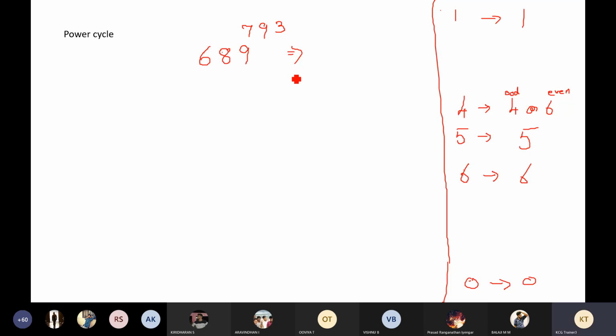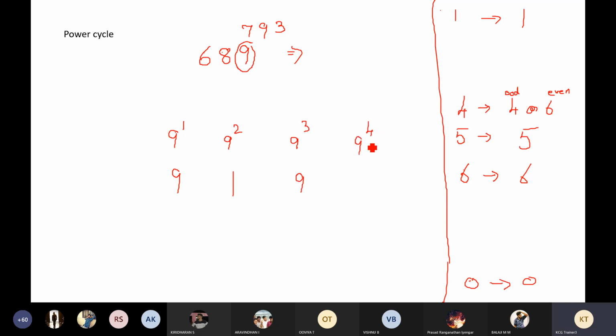Very good. Grazia, Harivardhani, Shyam, Nitya Kalyani, and Deepthi. Awesome, guys. Because the last digit is 9. So if you look at 9, 9 power 1 ends in 9. 9 square is 81, so it is 1. 9 cube is 729, it would be 9.